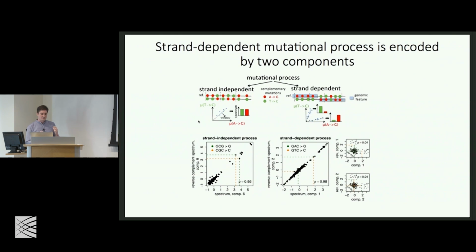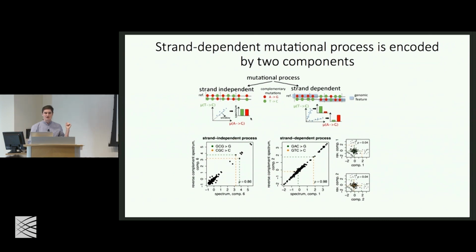So these are some theoretical thoughts about this, and there are two predictive properties that follow from this. One is that if a process is strand independent, then we expect that it corresponds to a single component, and the single component has equal rates of reverse complementary mutations.